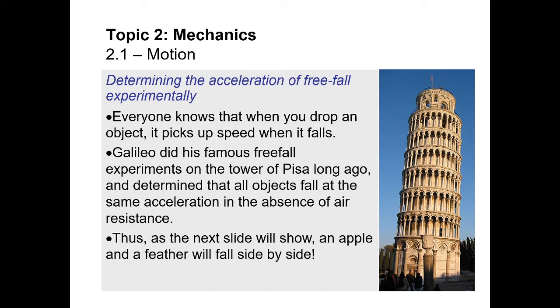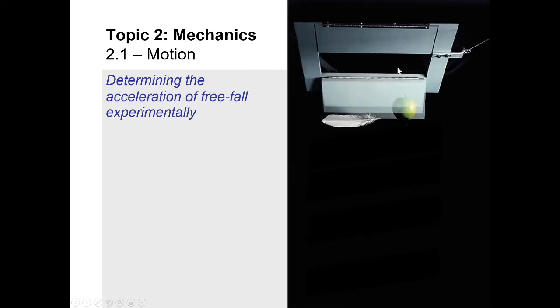Of course, no one will be able to stand inside at the time because there's no oxygen to breathe. But then they show a feather and a bowling ball being dropped side by side, and they do in fact hit the ground at the same time. It's absolutely spectacular.